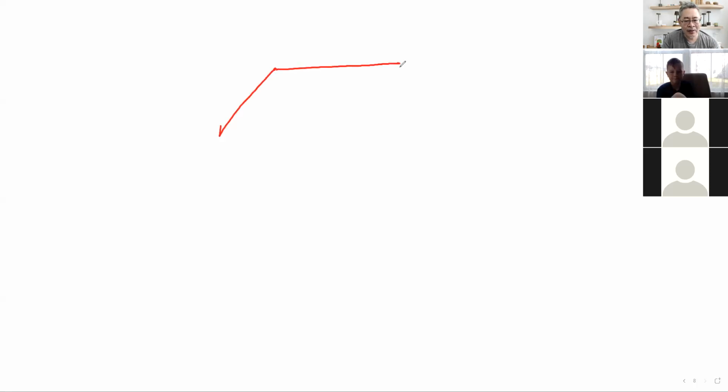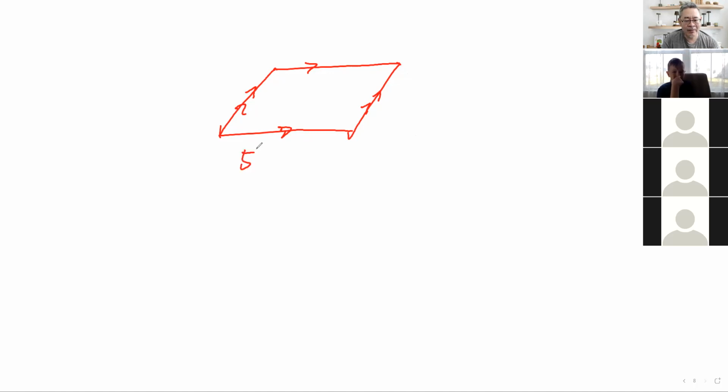Parallelogram is going this way. We know this side and that side are parallel. And so how do we find the area of that? For example, this is 5. So if this is a 5, by definition, the parallelogram on the top will also be 5.